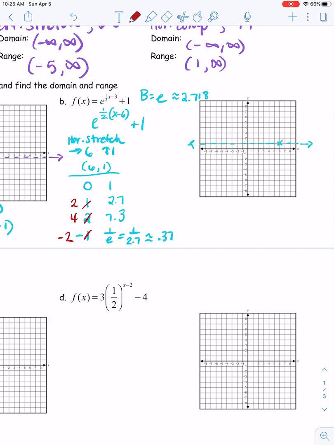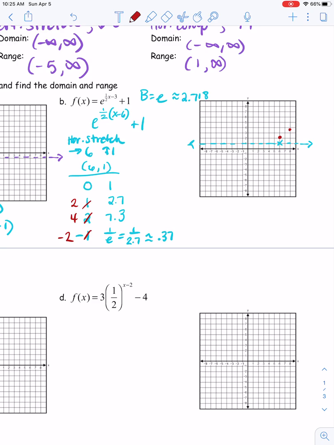So now from our new origin, 6 comma 1, I can go left or right nothing, up 1. So that'll be here. I can go right 2 and up 2.7. So right 2 up 2.7 would be about right here. I could go right 4. I know I'll go off the graph a little bit, but I can show you that.